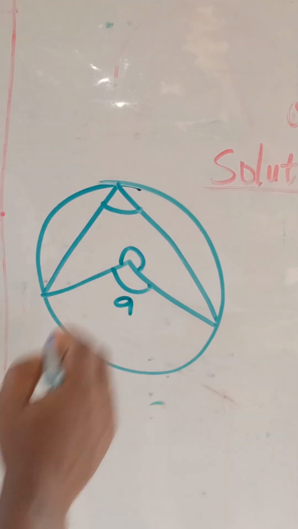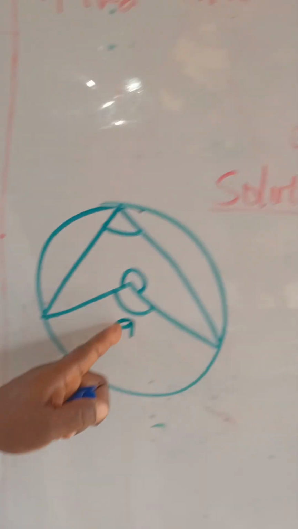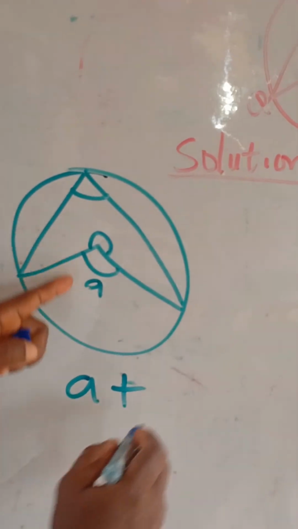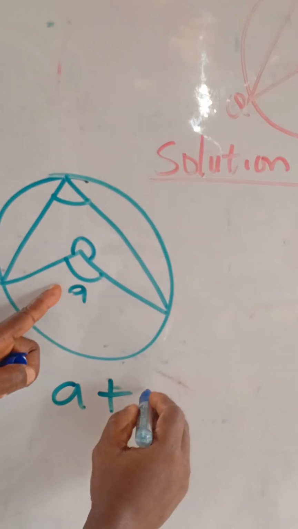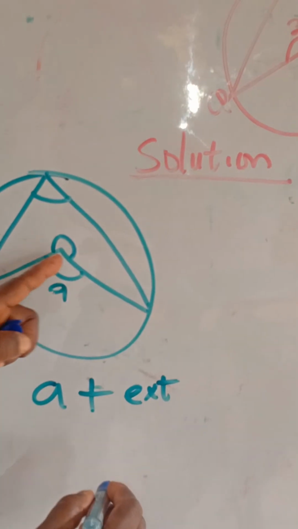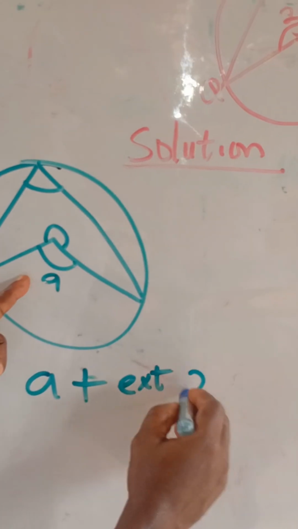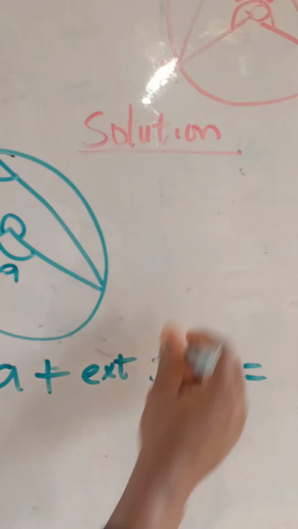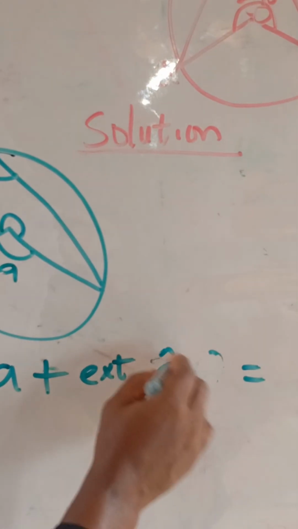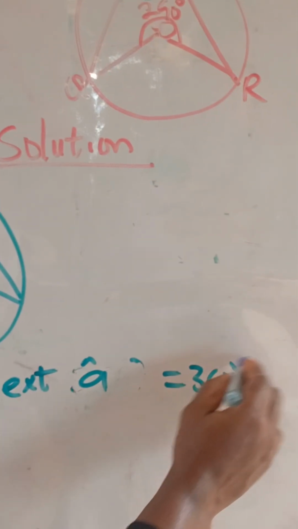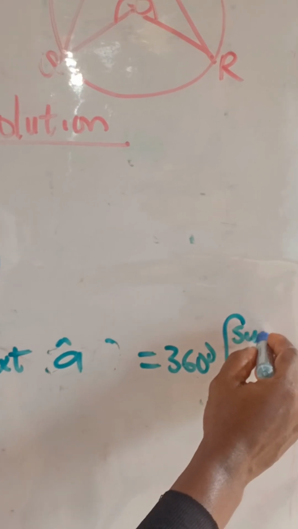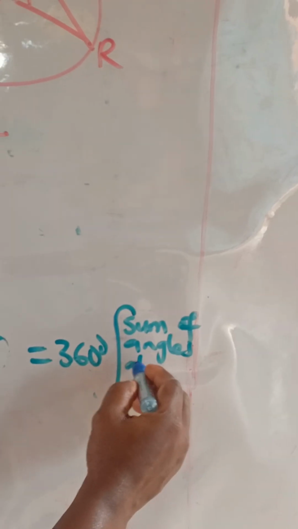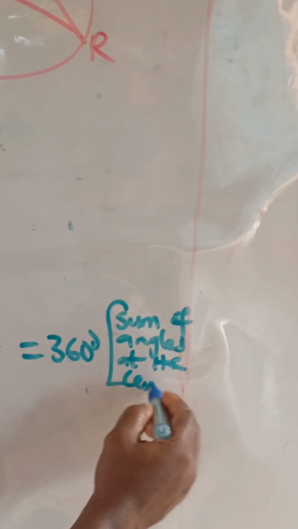Let's assume this is A. Okay? So, for it to be easy, A plus this exterior, which is 290 degrees, or exterior of A, let me put it like that. Exterior of angle A will give us 360 degrees. Why? You write sum of angles at the center.